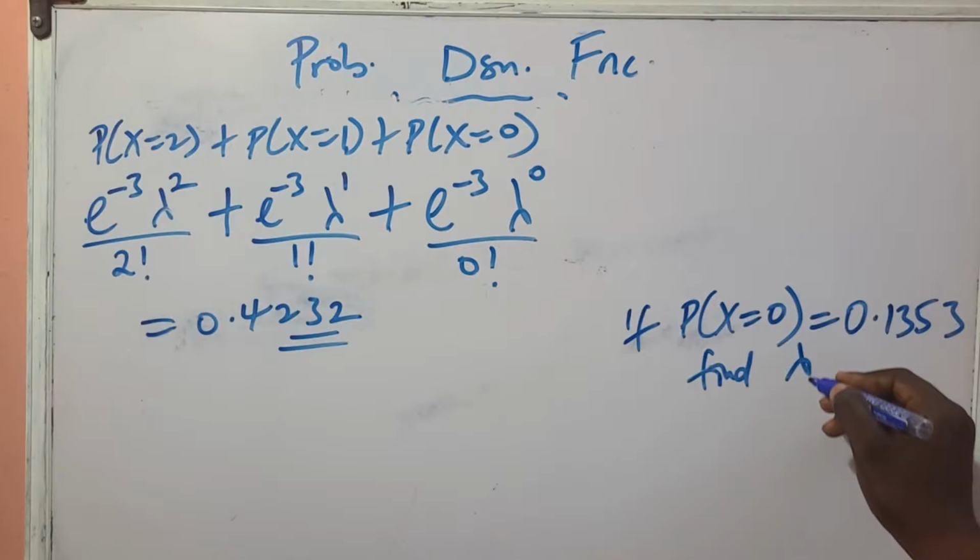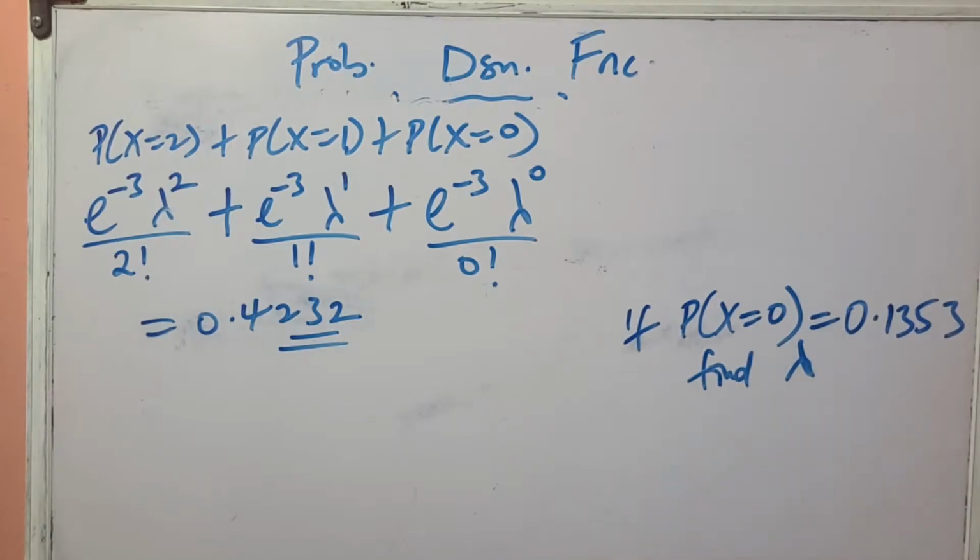All right? So look at this question. This question has to do with reverse psychology, reverse engineering, reverse arithmetic, whatever you want to call it, where they need you to move from the back to the front. Normally you're supposed to move from the front to the back. They give you lambda, you put it in your probability mass function, and then you get an answer.